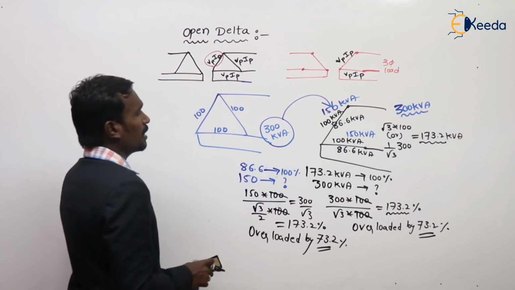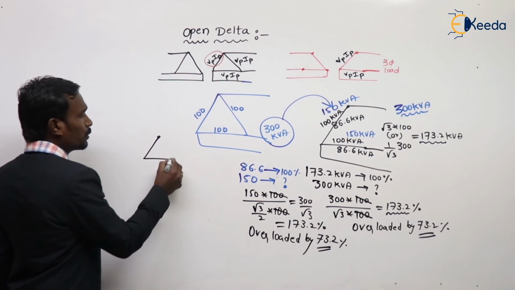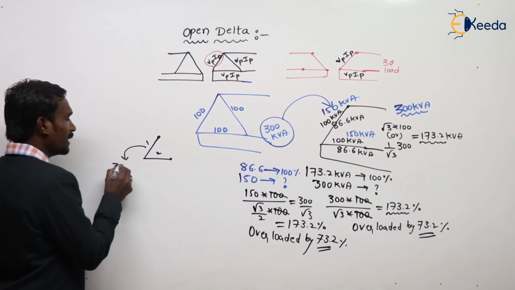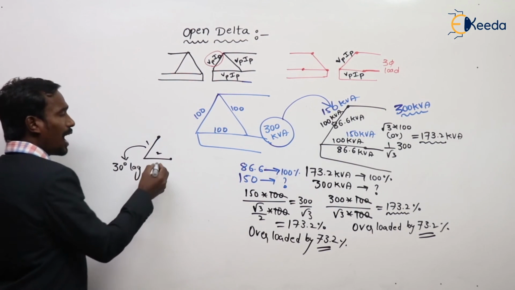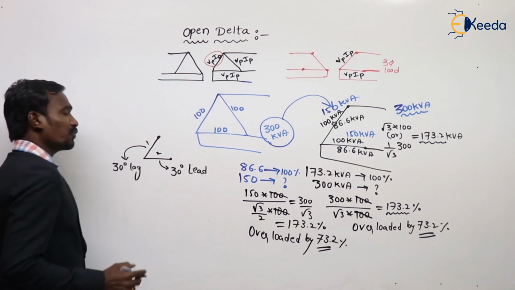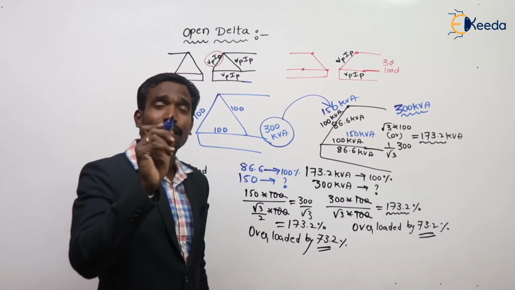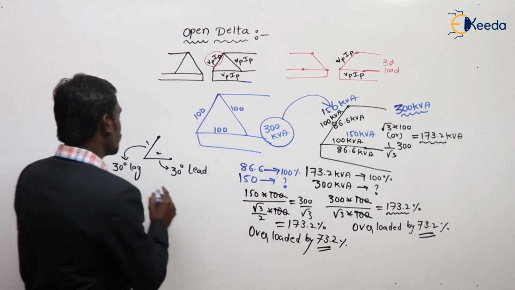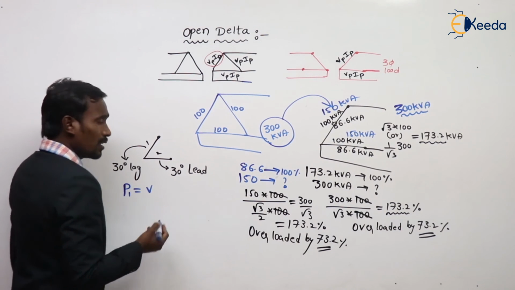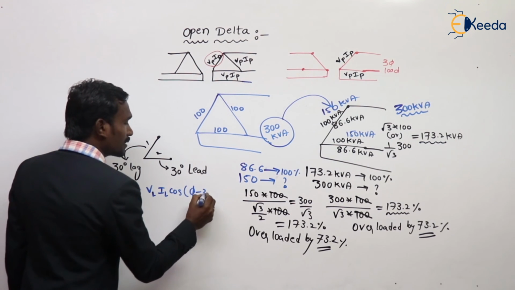Then finally, in open delta, we have two transformers. Here, one transformer operates at 30 degrees lagging load and the other transformer operates at 30 degrees leading load. The power of the first transformer is VL IL cos of (phi minus 30 degrees).